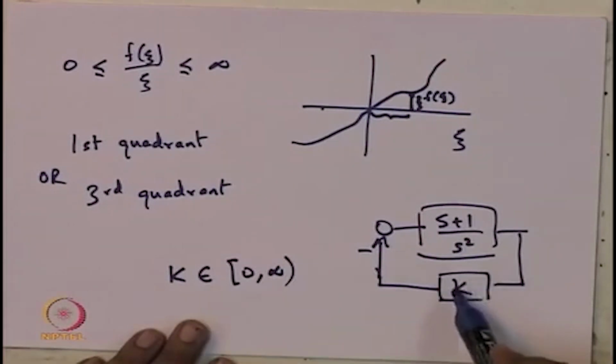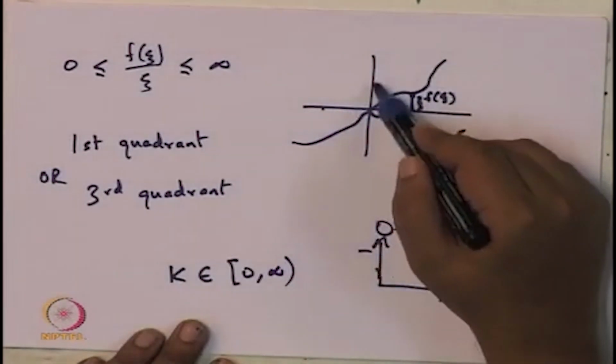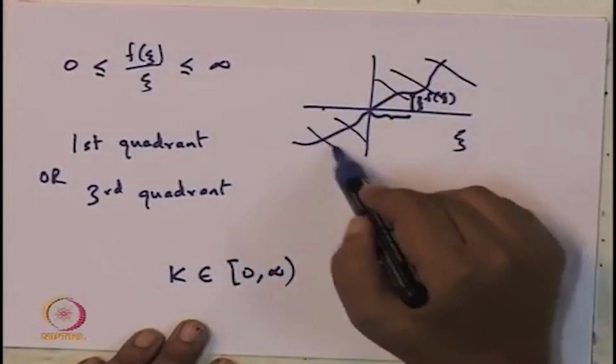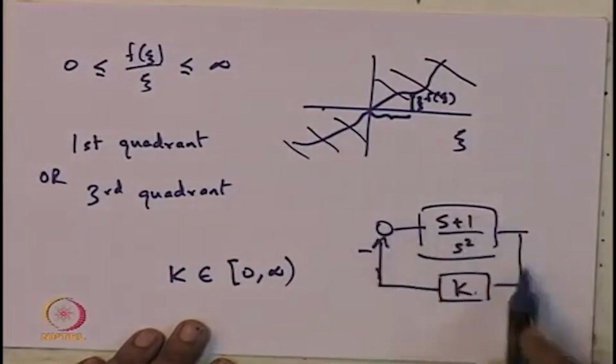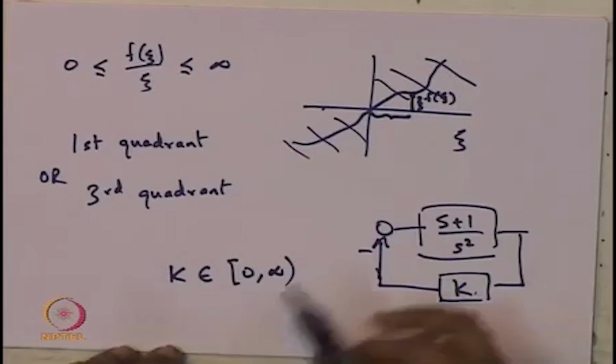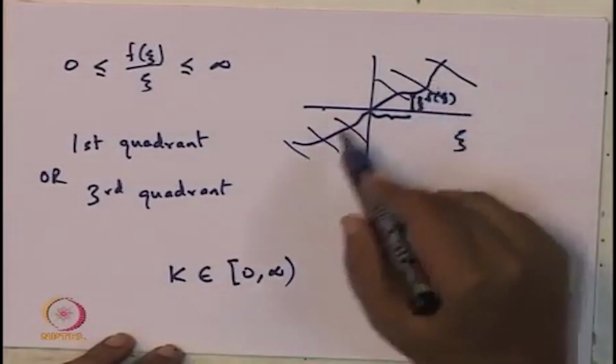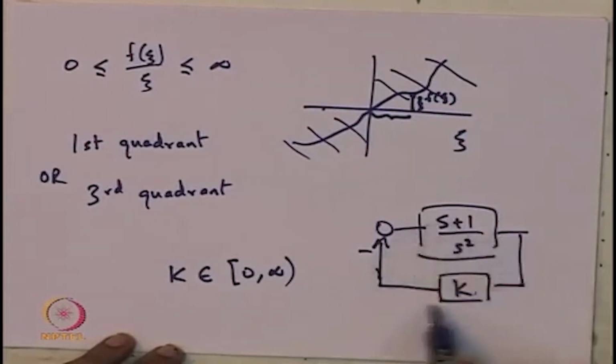Therefore, if Aizerman's conjecture were true, and we put in a nonlinearity here whose characteristics lie in the first and third quadrants, then the resulting system should be asymptotically stable. So now I am going to demonstrate a particular nonlinearity which lies in the first and third quadrants, but the resulting system is not stable.